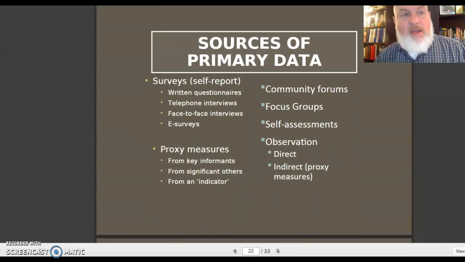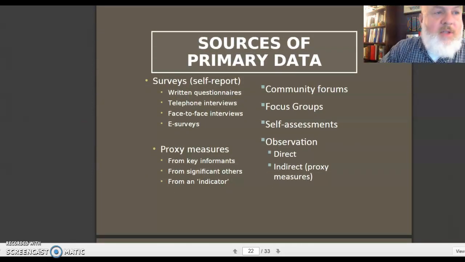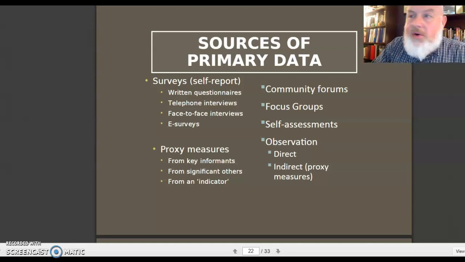So breaking down your sources of primary data, there's lots of information, of course, self-reported surveys, and there's lots of different ways that you can do that. There's also proxy measures that you can take a look at. You can have community forums, you can have focus groups, you can have self-assessments, and even sometimes, especially with qualitative, you'll do some observation, whether it's direct or indirect.